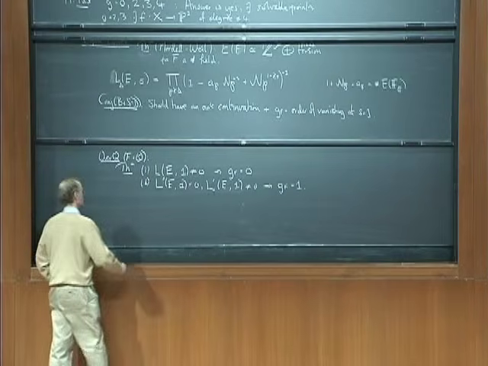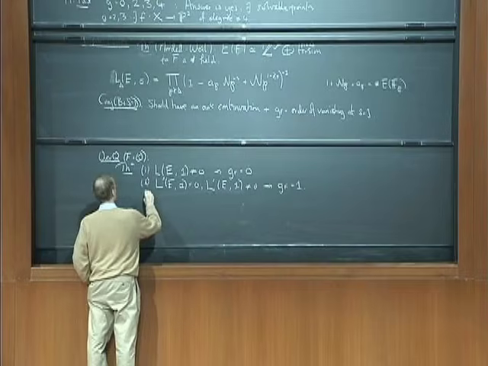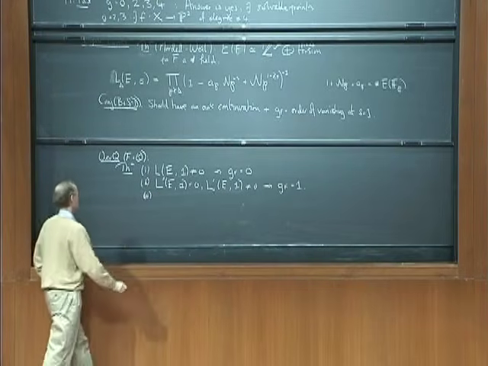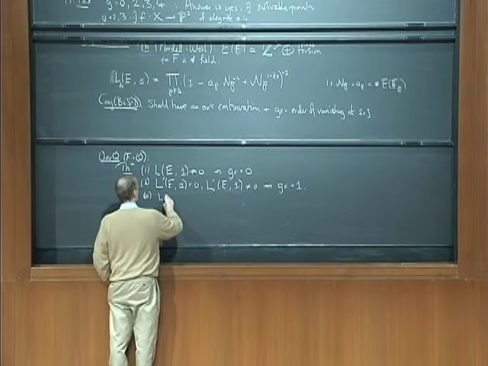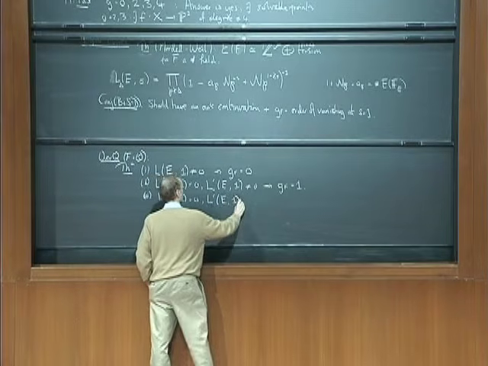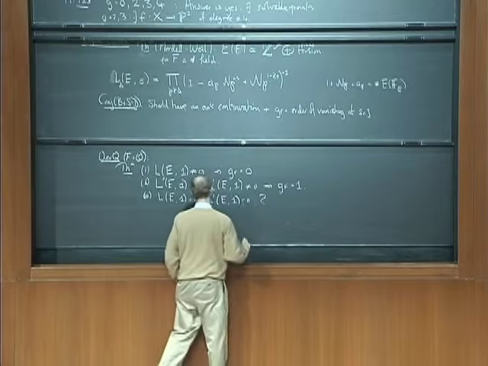It's due to Gross and Zagier. And if the L series vanishes and the derivative vanishes, then nothing is known.